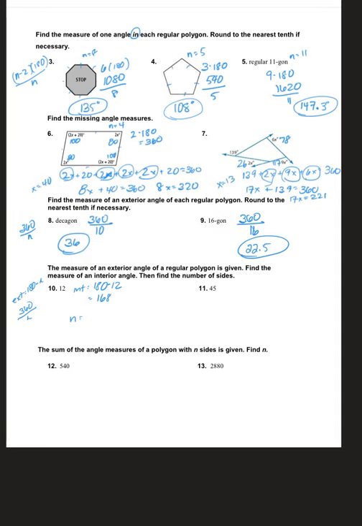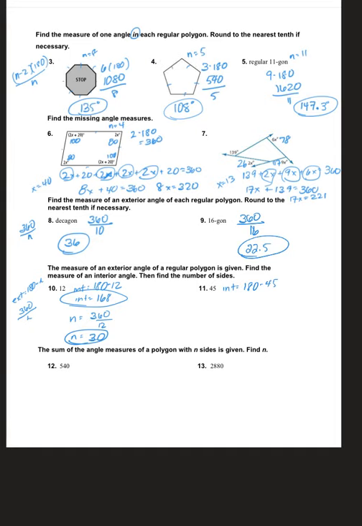To find the number of sides, we're going to do 360 divided by the angle. So 360 divided by 12. And we get 30. So this shape has 30 sides, and each interior angle is 168 degrees. Okay, on the next one, again, interior angle is 180 minus 45.